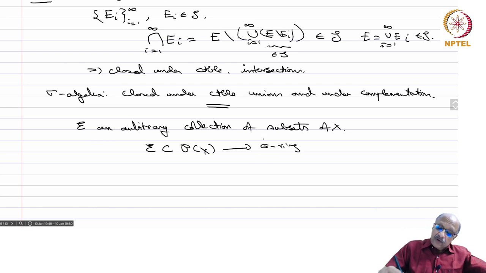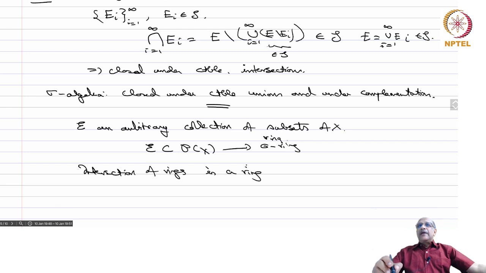Now the intersection of rings is a ring, obvious. You take various rings, take the common elements of these rings, common subsets. Now if two elements are in this common collection, then the union is in all of them, and therefore it's in the intersection. Difference is in all of them, and therefore also.